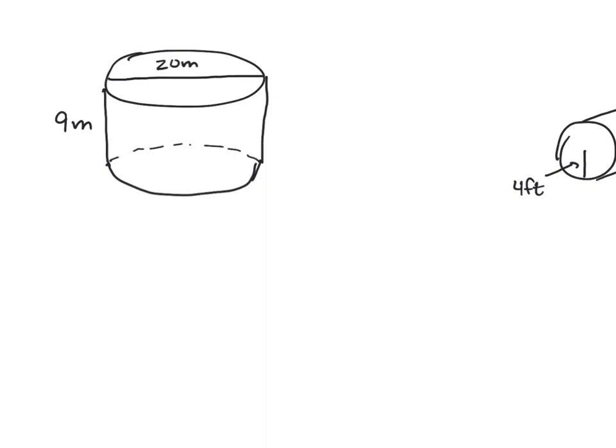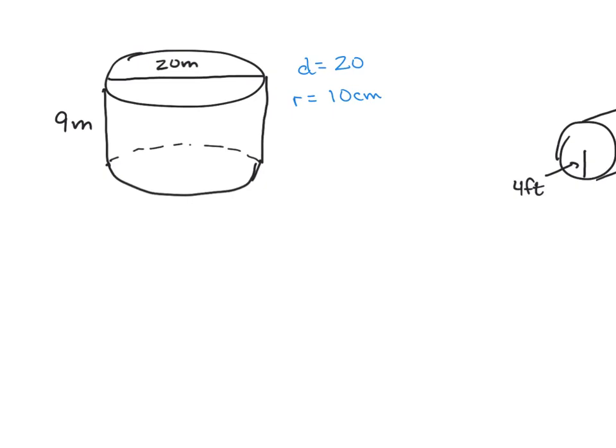If you look back at your cylinder formulas, one thing to note is there is no D in the formulas, there are only R's. So the first thing we want to do is find R. If our diameter is 20, we want to take half of the diameter. So R is equal to 10 meters.